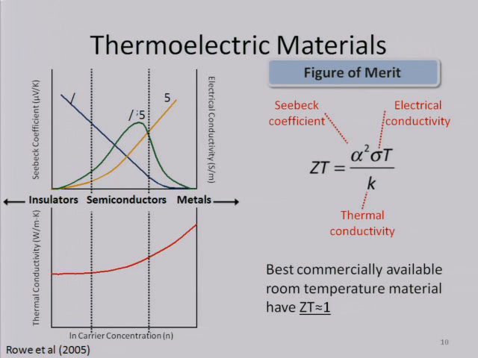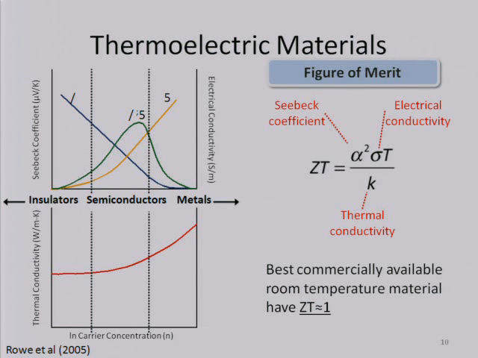Let me talk about thermoelectric materials. Everybody who talks about thermoelectric materials talks about this figure of merit, this ZT, which is made up of the Seebeck coefficient, which tells you how much voltage you get for a given temperature differential, the electrical conductivity, the absolute temperature, and the thermal conductivity. Obviously, you'd like the Seebeck coefficient to be as large as possible.